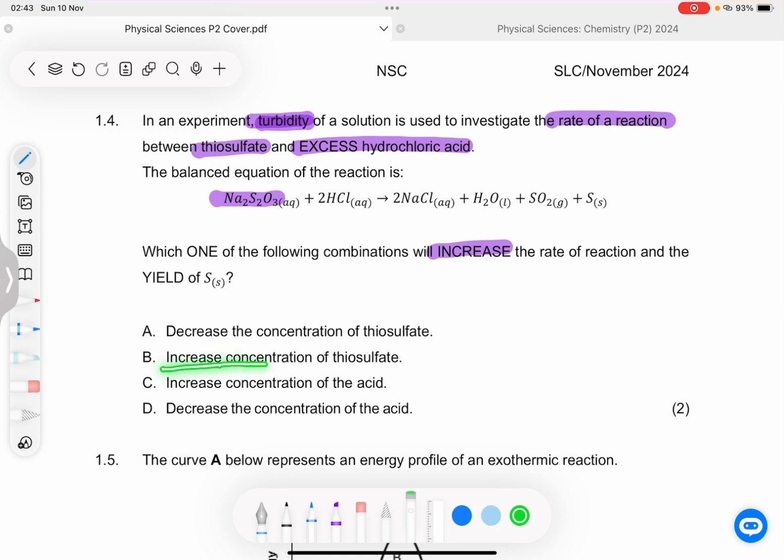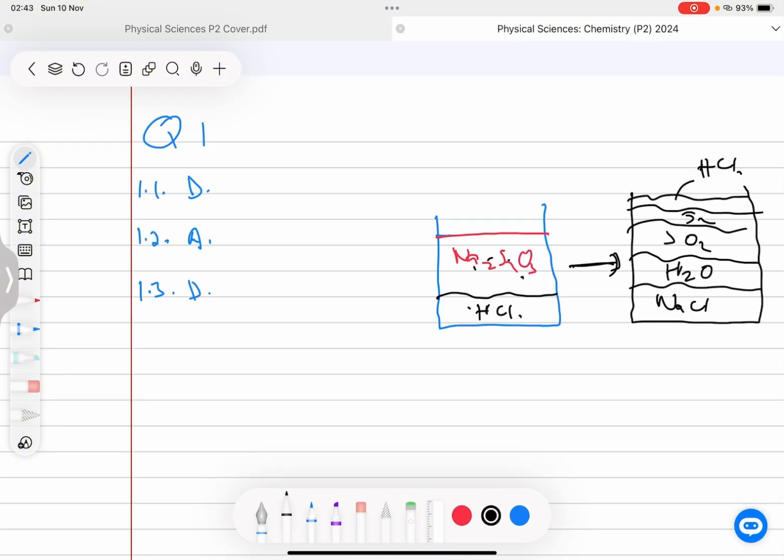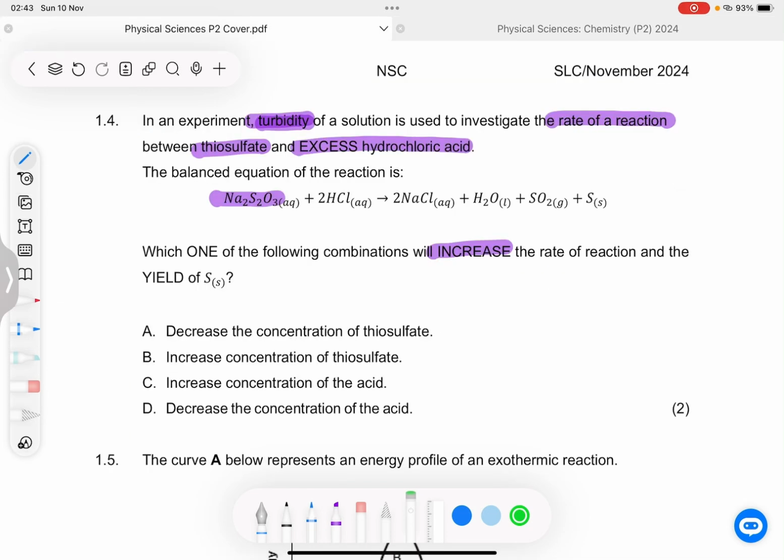They then come here and say the increased concentration of thiosulfate. If we increase this concentration, then we'll have a lot of particles in this reaction of thiosulfate reacting with hydrochloric acid. And this will then make this reaction quick because there'll be more effective collisions.